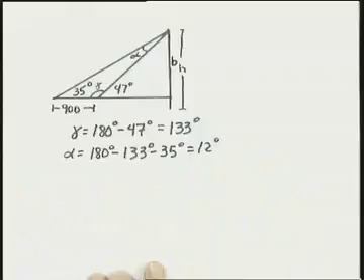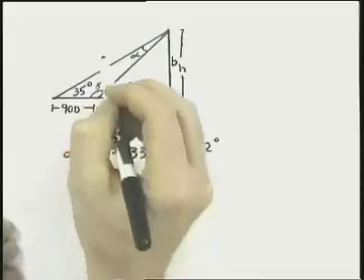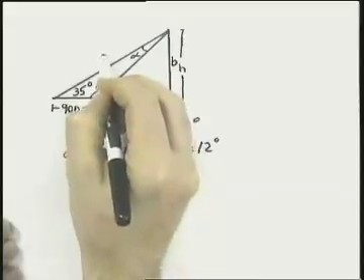Now that I know alpha and gamma and beta, I can use that information to find the value of, say, C over here.